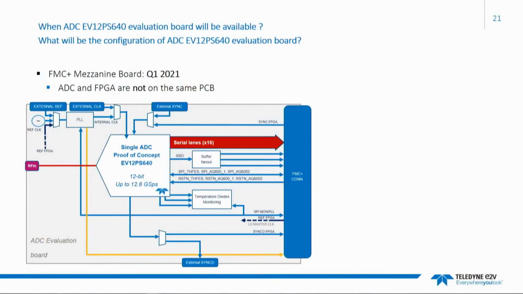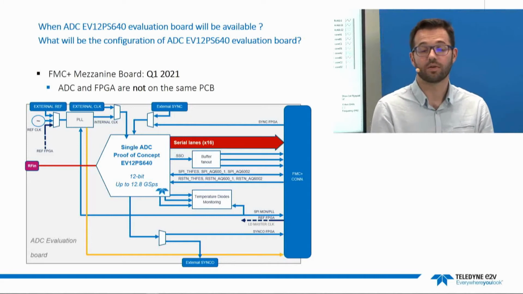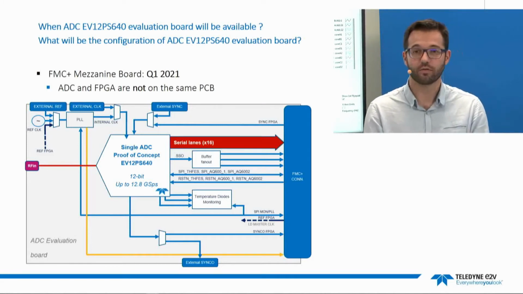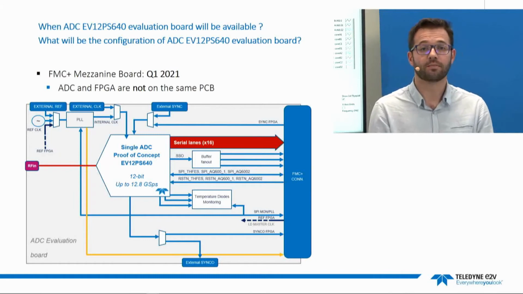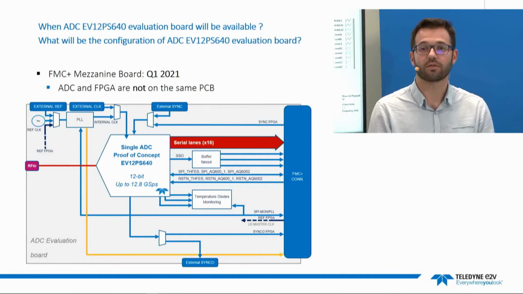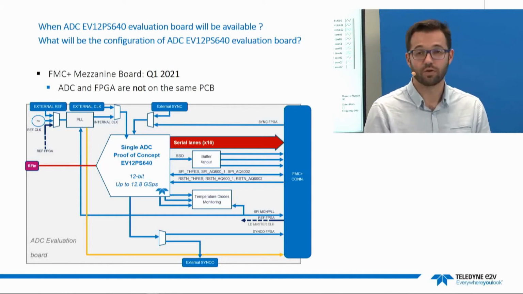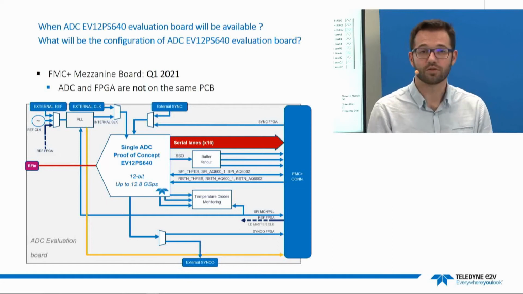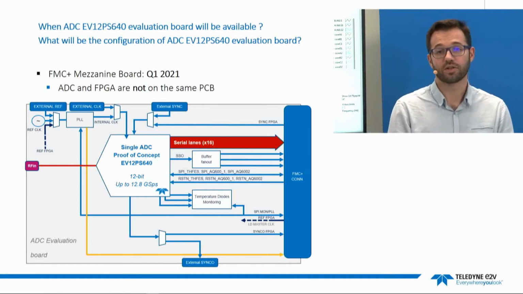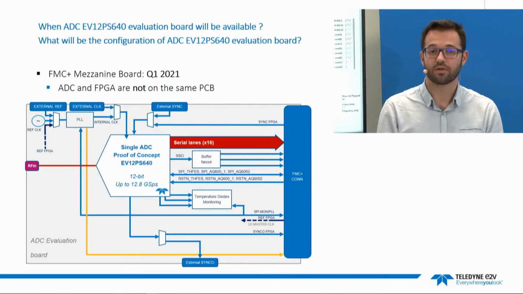This will be an FMC Plus mezzanine board to be interfaced with already existing FPGA development boards on the market. Or we will also provide an FPGA carrier board to plug this mezzanine board on. The mezzanine board only embeds the proof of concept product, the EV12PS640.